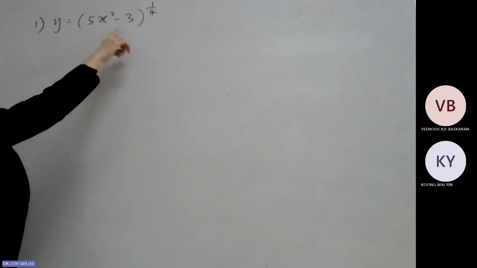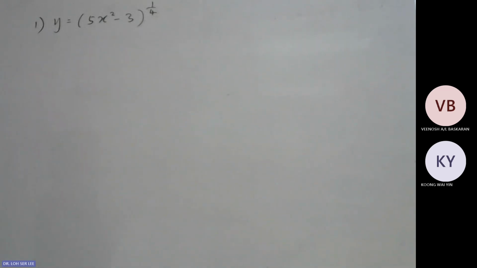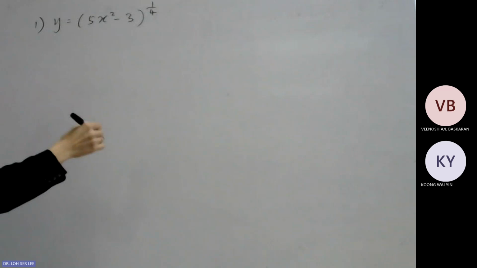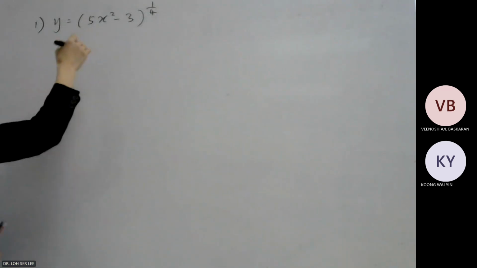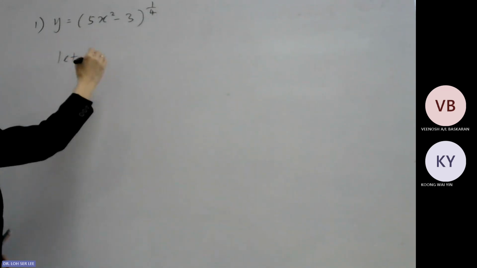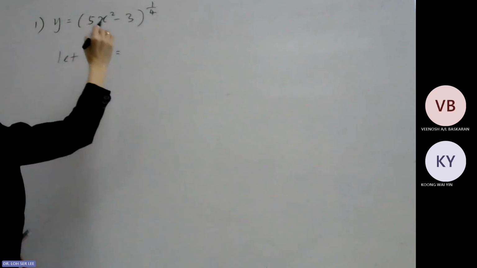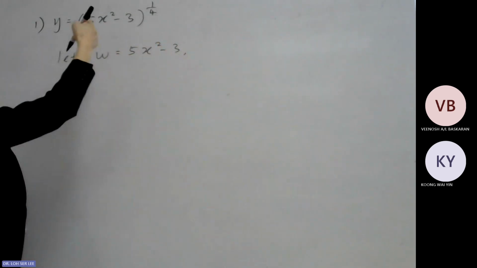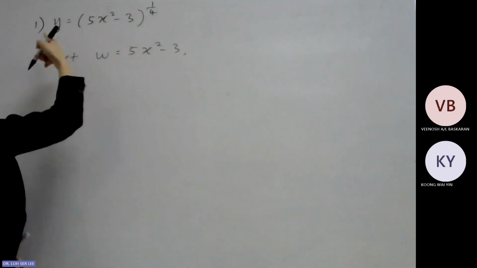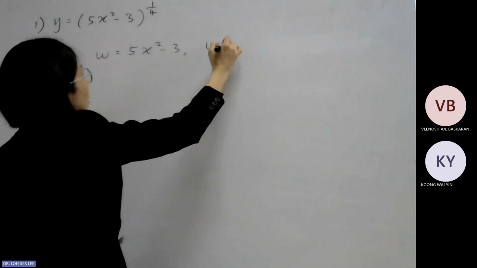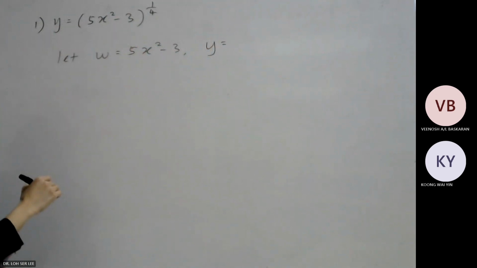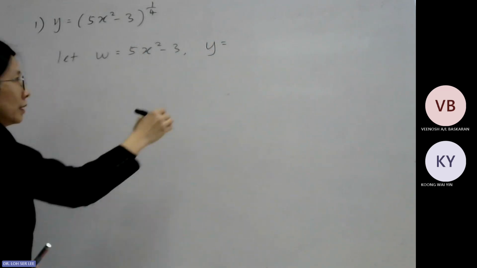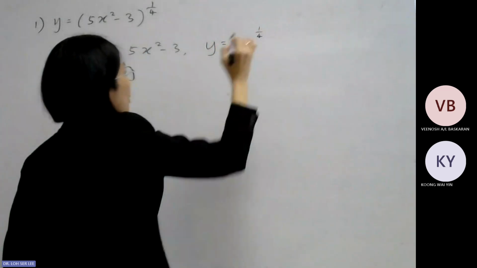The function inside the bracket, we let it be a new variable. What do you want to use? W. Okay, we let w be 5x squared minus 3. So if this is w, then your y will be w to the power of 1 over 4.